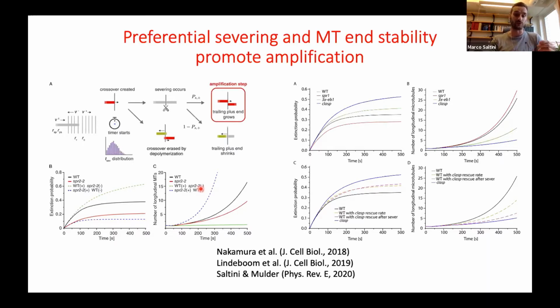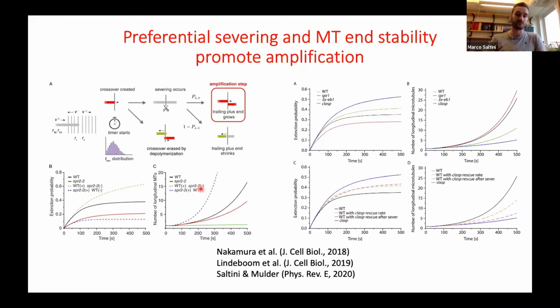In particular, what we have observed using a combination of experiments, computer simulations, but also analytical theory, is that the preferential severing of longitudinal microtubules is very important for this reorientation to occur, as well as a very high microtubule end stability.